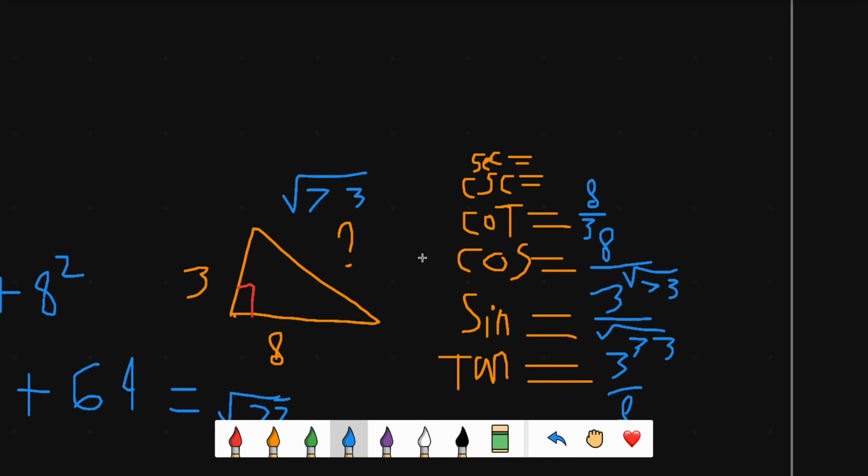So realizing this, you can now know what this is. Today you have learned how to use cosecant, secant, cotangent, cosine, sine, and tangent.